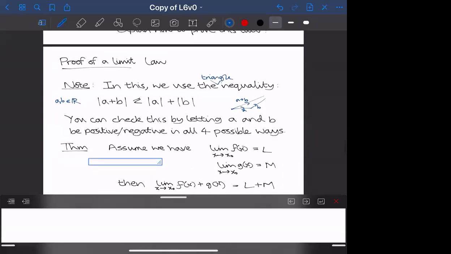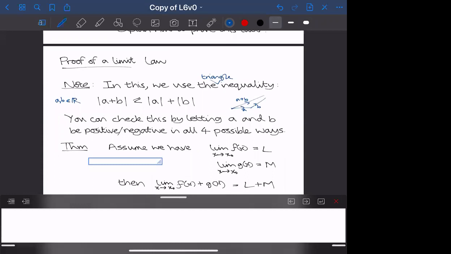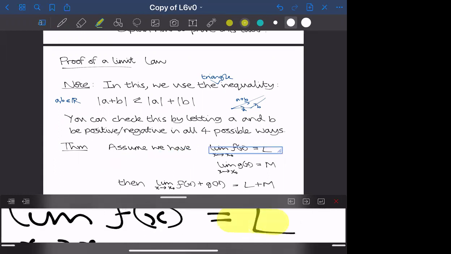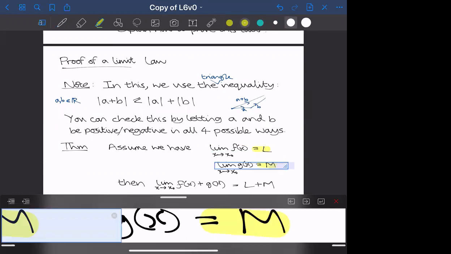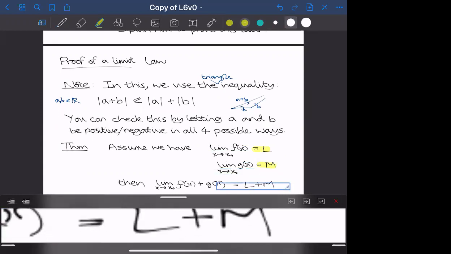Okay, so the limit law I want to prove is that if I know the limits of f and g, and they're L and M, then the limit of the sum is L plus M. So we saw examples of this being true.